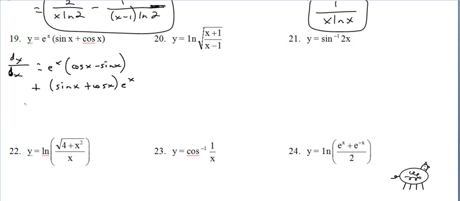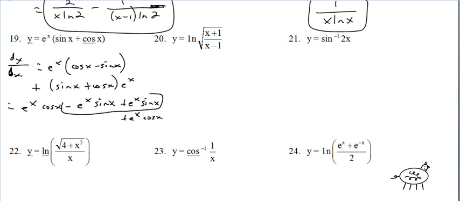Sweet. So if I wrote everything out here, I would get e to the x cosine of x minus e to the x sine of x plus e to the x sine of x plus e to the x cosine of x. Okay, and what happens to these guys right here? These guys cancel, and e to the x cosine of x plus e to the x cosine of x is 2 e to the x cosine of x. And that's your final answer.